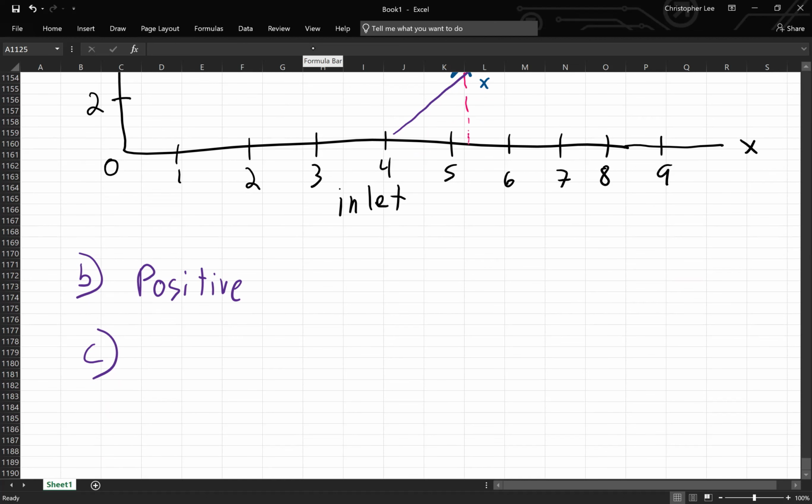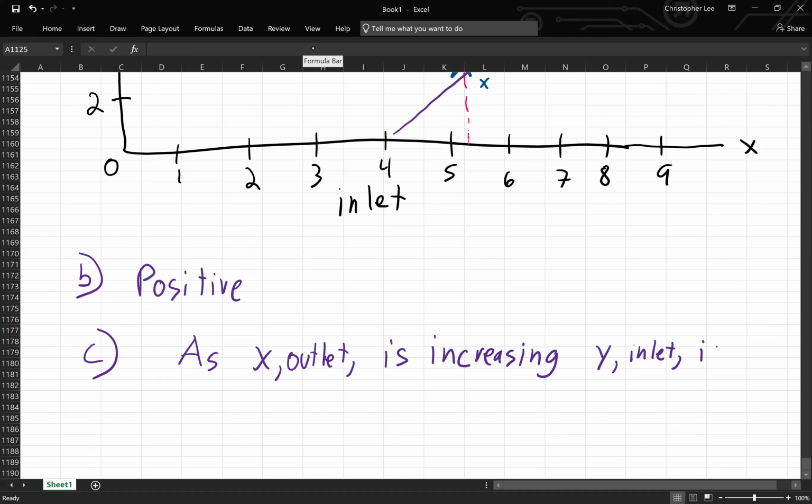If it's positive, as X, which in our case is the outlet, is increasing, Y, which in our case is the inlet, is increasing. That's it. That's your interpretation.